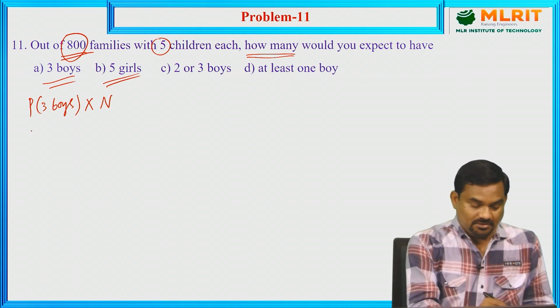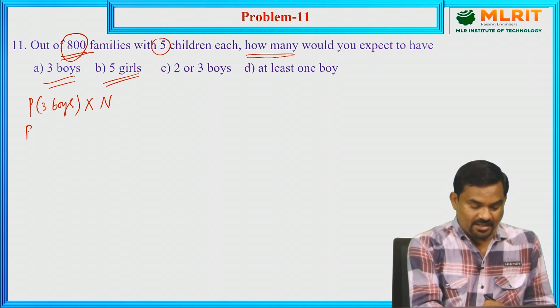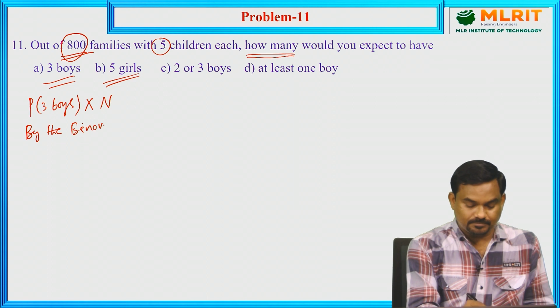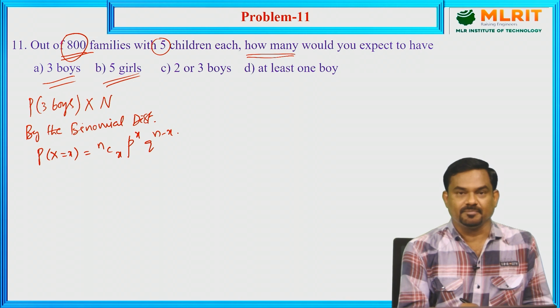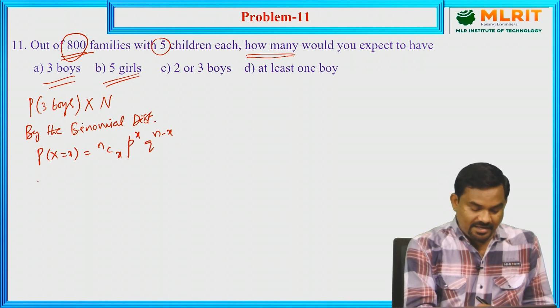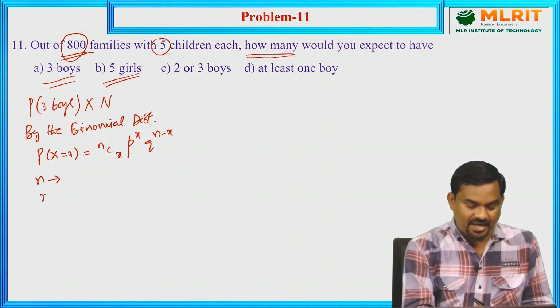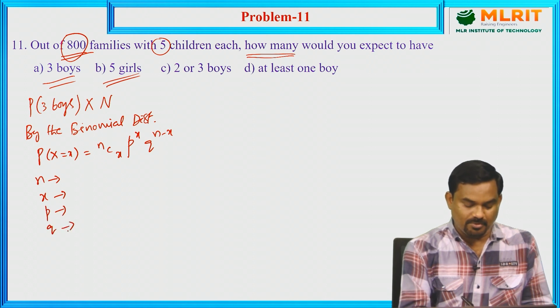Now, as we know, by the binomial distribution, the probability of x successes is given by nCx p power x q power n minus x. Here n is the number of trials, x number of successes, p probability of success, q probability of failure.